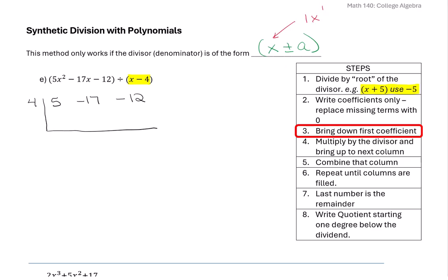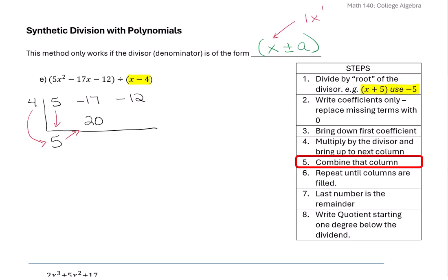Notice I've left some space between those coefficients and that division bar below. We're going to bring down our first coefficient. We're just going to start with 5. Now we're going to multiply that 5 by our divisor. 4 times 5 is 20. And we're going to bring the 20 up to the next column.